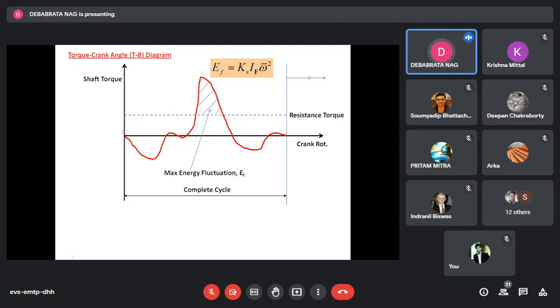So in the beginning of the cycle there was some speed of the engine, and during this entire phase of the crank rotation, where this area loop becomes negative, you will see that the engine speed will try to fall, because there is a depletion of energy from your system. Understand? Why depletion? Because supply is less and demand is more. So there is a net dearth of energy in your system.